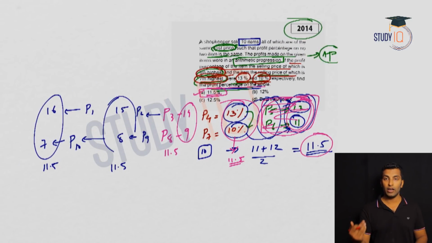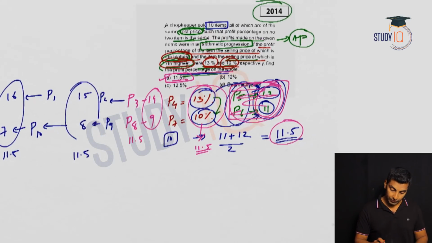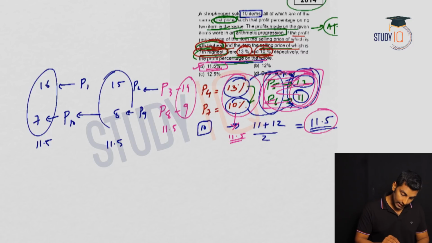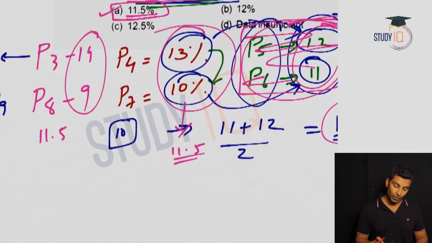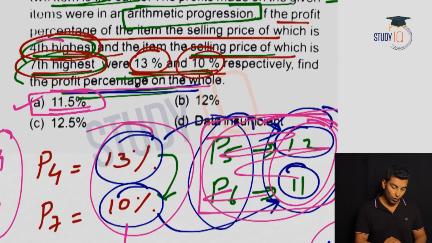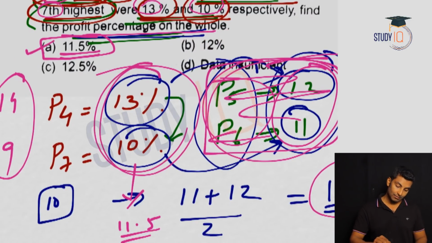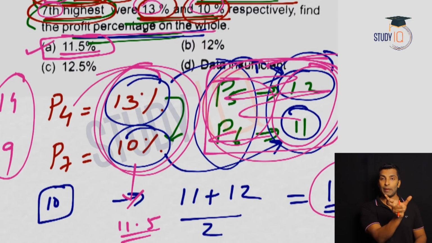Okay, that's the idea of AP, right? So if you want, now what you can do is, the first term is 16, last term is 7. You can find the sum. Sum of the AP divided by number, you will still get 11.5. But that thing is not required. The moment you understood this, 4th and 7th is 13 and 10, you can find the middle terms and get the average, or if you understood that these are also the complementing terms.